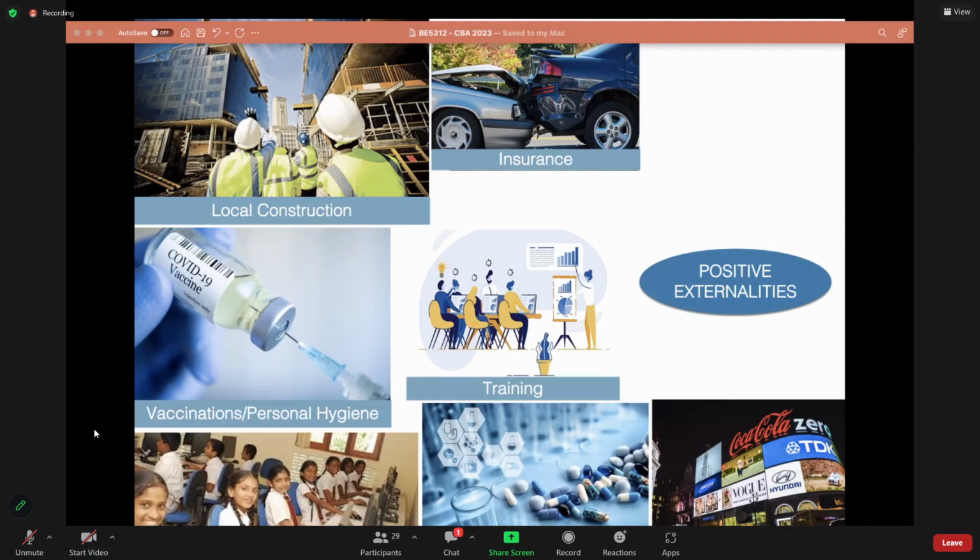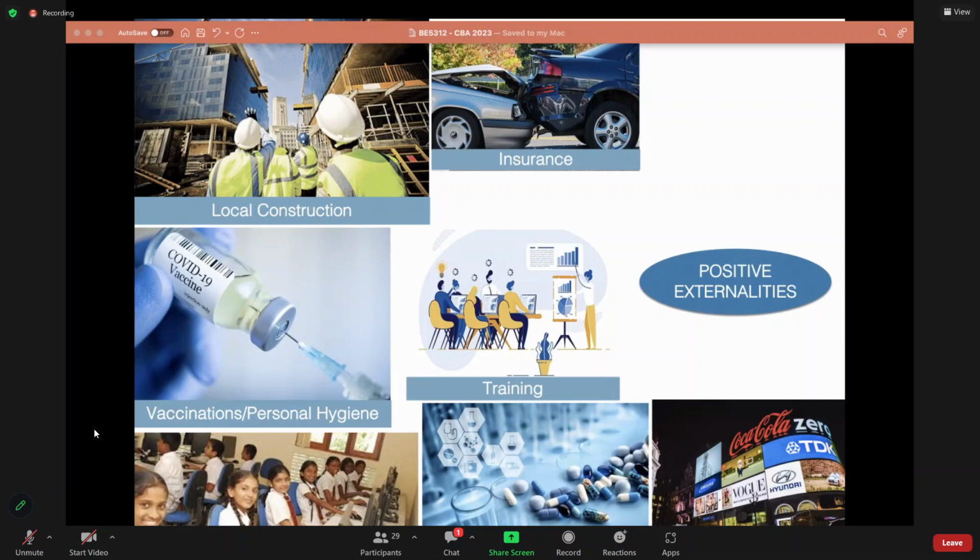Even things like training, say your company trains somebody, yes, the company will get a direct benefit, but then you leave the company and join somebody else, then that unrelated third party will also get a benefit from that training. So you train people in things like first aid, and you go and save somebody's life somewhere, then that unrelated third party is benefiting, isn't it?